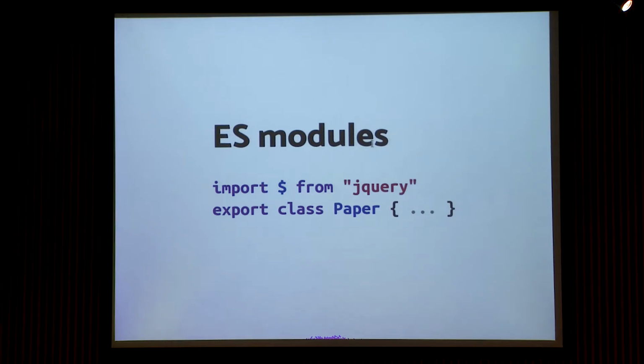But module support is still behind a flag on every browser, I think, at this point. And Node still isn't there. There's still a lot of fighting happening about how Node should even support it. So that was not really a smooth progression of the community to this new system.